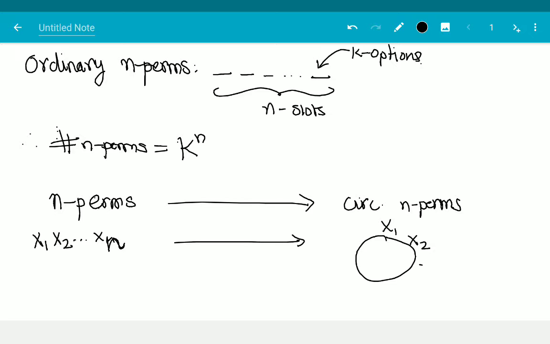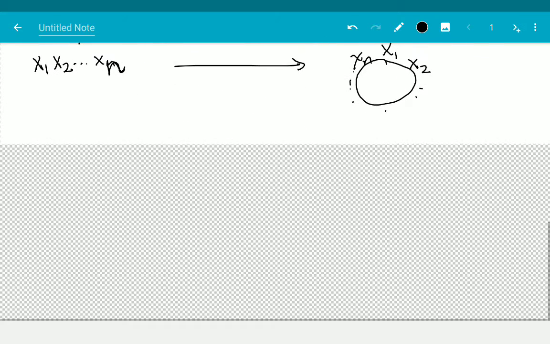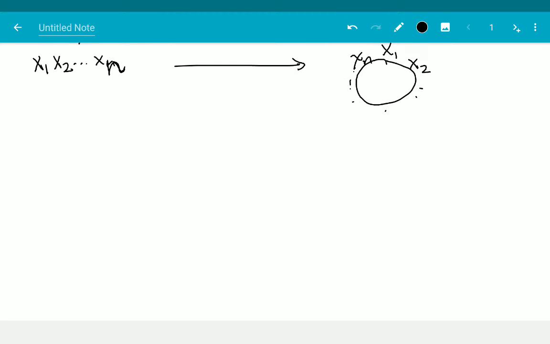Okay, so it's going to look something like this, xn. Then there are 4 permutations that map to ACBA that we saw initially: ACBA, CBAA, BAAC, and AACB.